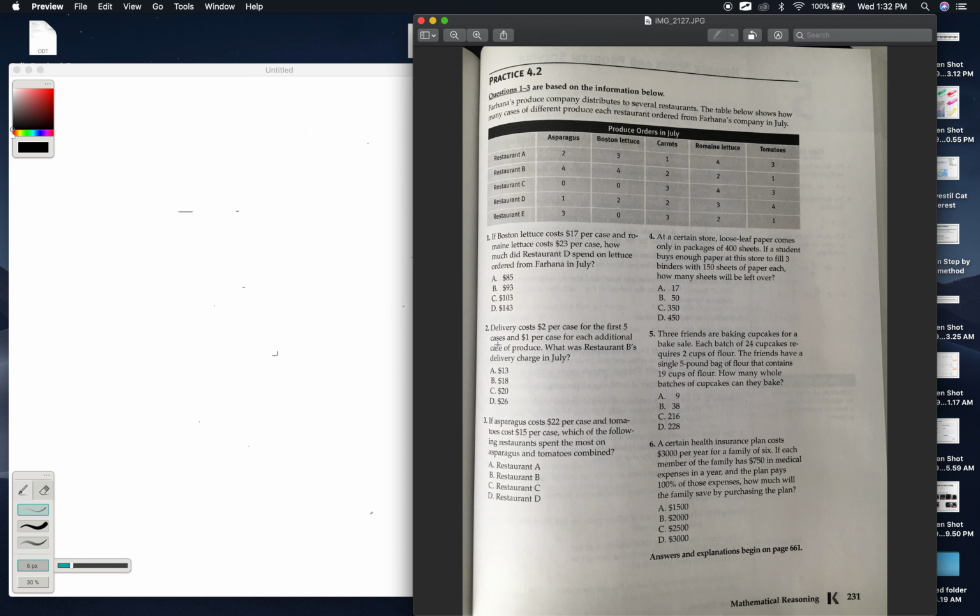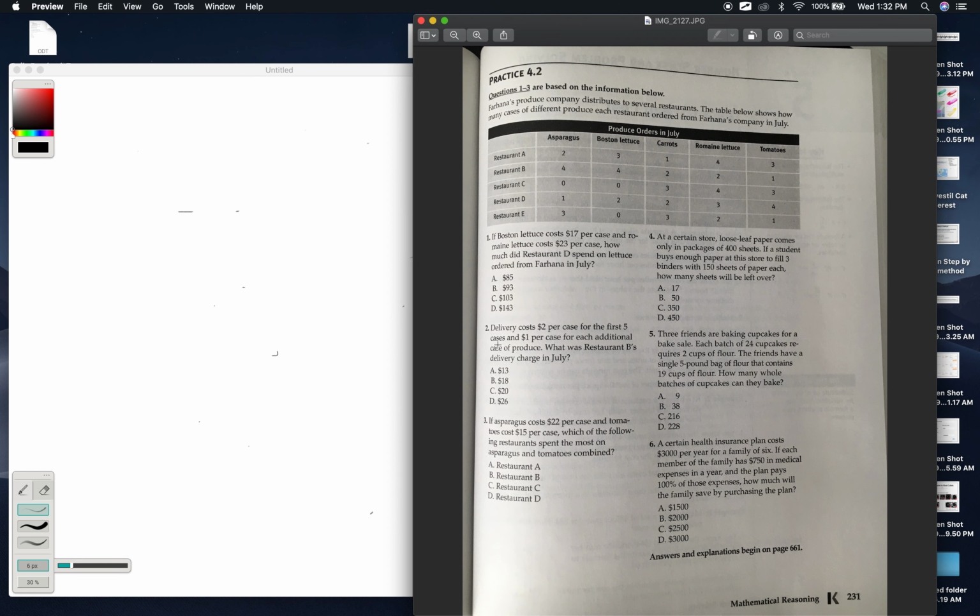So they purchased 13 cases. We know delivery costs $2 per case for the first 5 cases, so for the first 5 cases they spent $10.